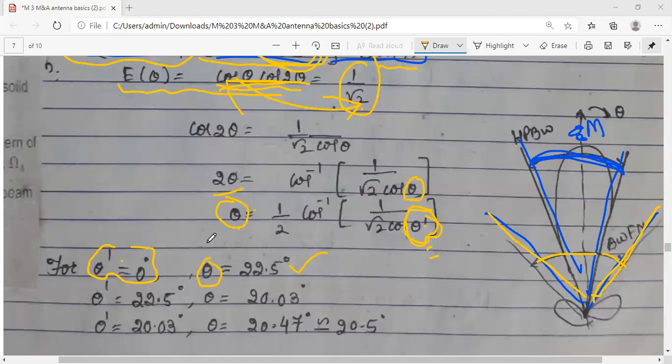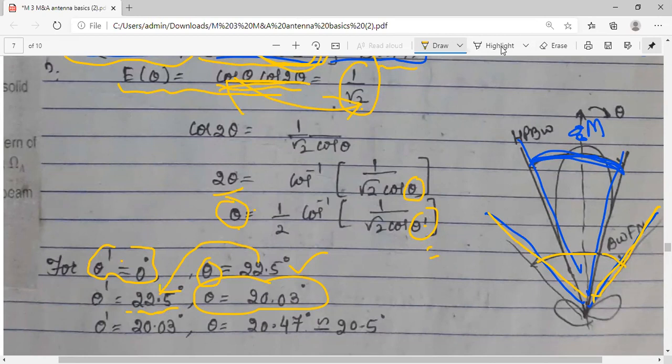Next time, I will take this as theta dash, that is 22.5. So next time, substitute 22.5 instead of theta dash and check what the new value of theta will be. I think you must have done this type of approximation in mathematics also.